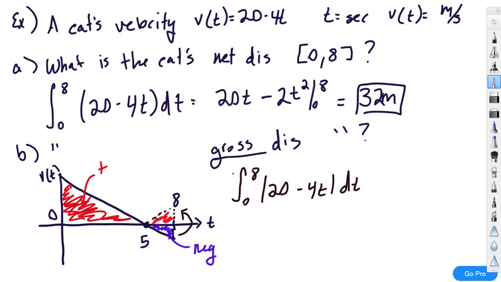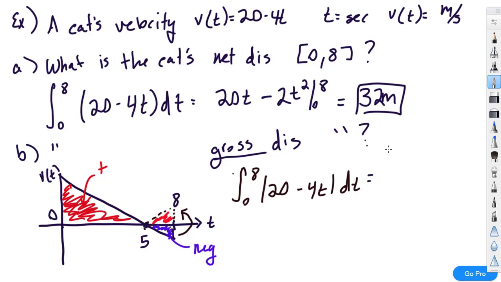Now I'm going to use one of the properties that we learned in the past about integrals. That property is that taking the area from 0 to 8 is the same as taking the area from 0 to 5, and then adding the area from 5 to 8.